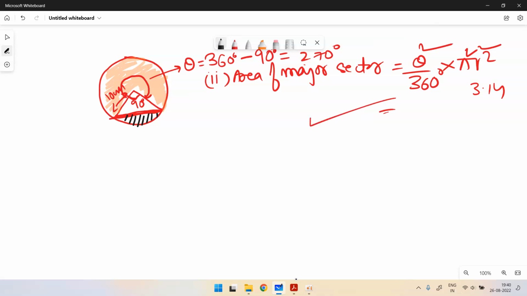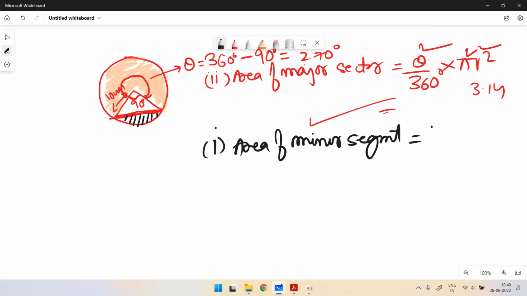Now I have done the first. Now the area of the minor segment. I already told you how to calculate it.